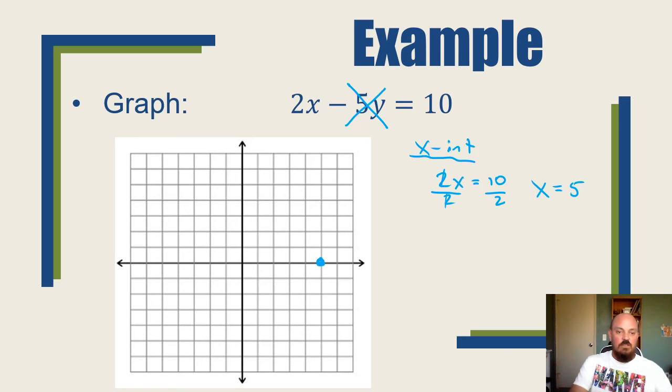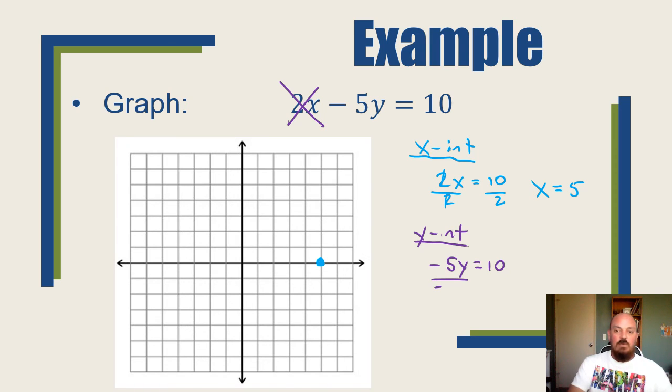Okay, now let me go back to the original equation. I'm going to erase that first part. Now for the y-intercept, I do the exact opposite. I say, what if x is 0? Well, if x is 0, 2 times x is also 0. So again, we can do the same thing. Basically, if x is 0, that whole term cancels out. And what's left is negative 5y equals 10.